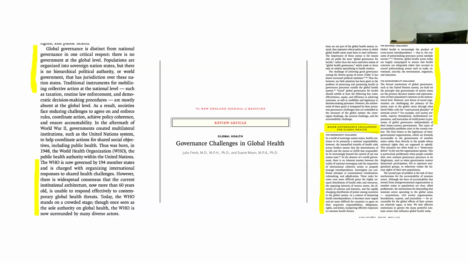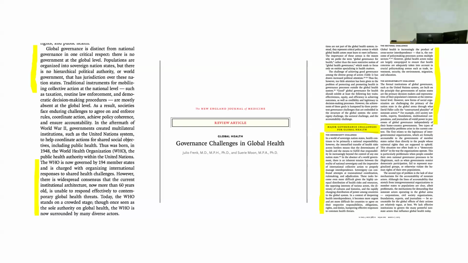Global governance is distinct from national governance in one critical respect. There's no government at the global level. Populations are organized into sovereign nation states, but there is no hierarchical political authority or world government that has jurisdiction over the nation states.